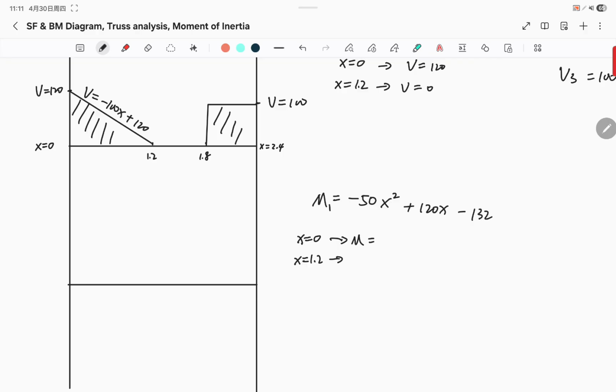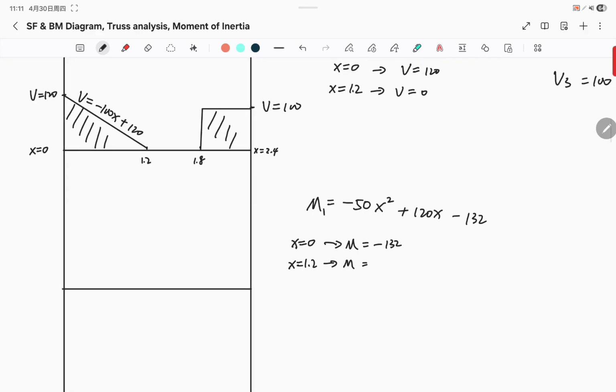M is equal to negative 132. And when x is 1.2, let me use my calculator. So negative 50 times 1.2 squared plus 120 times 1.2 minus 132, I got negative 60.